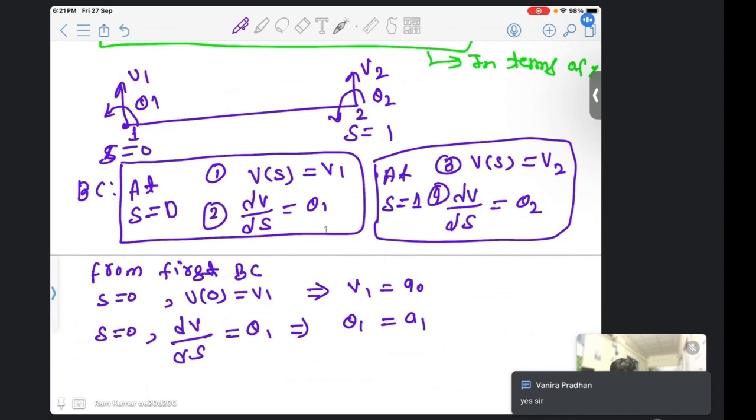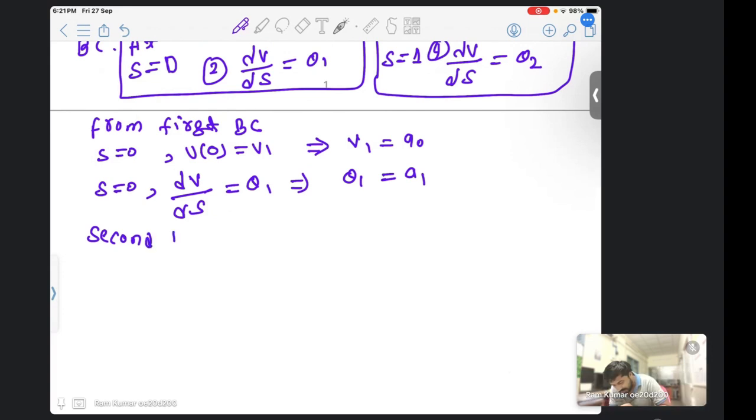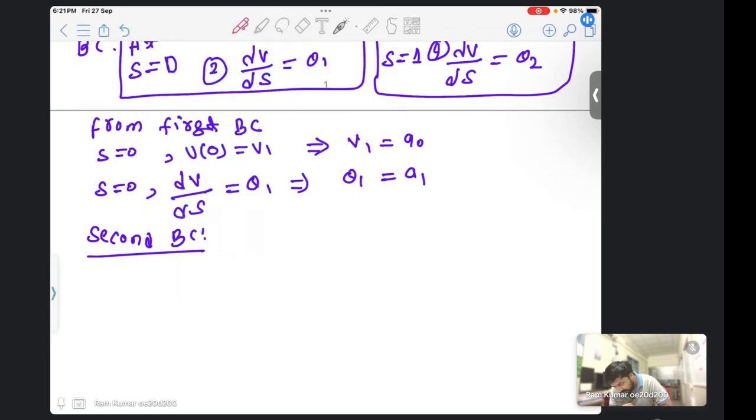It's okay, then fine. Similarly, the second boundary condition. What do we have in the second boundary condition? At x equal to 1, v1 equal to v2 and theta 1 equal to theta 2.